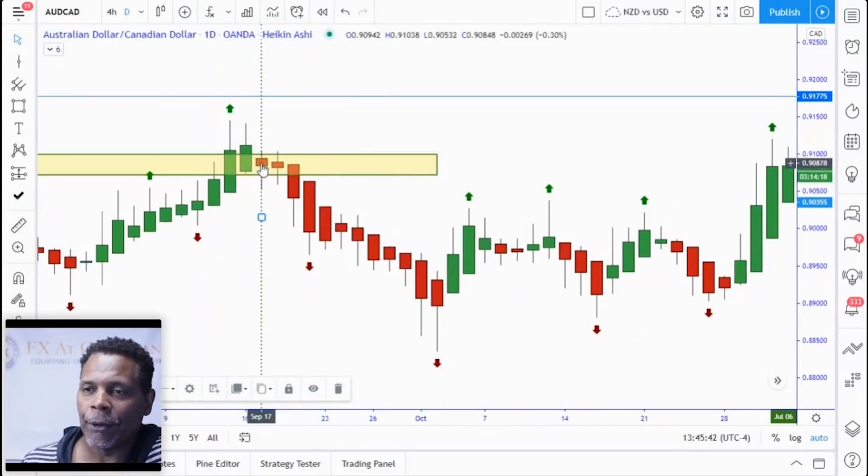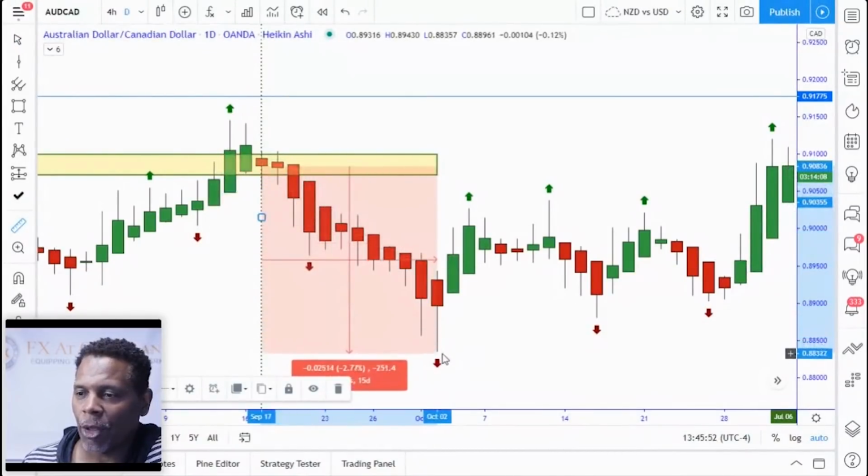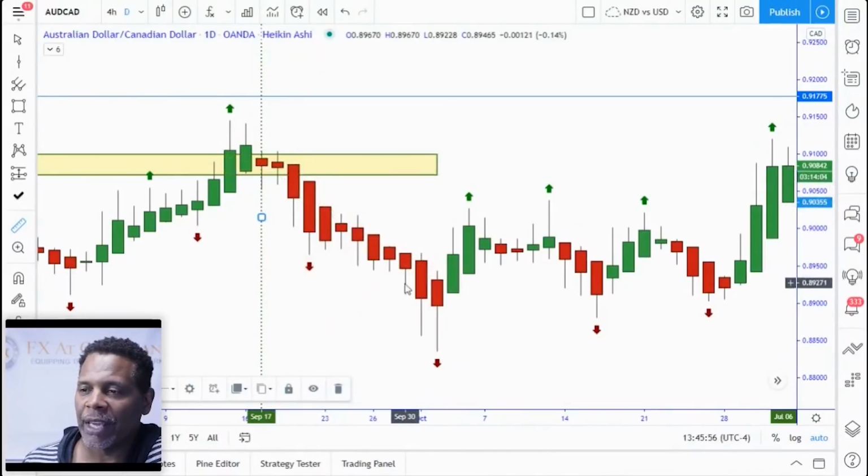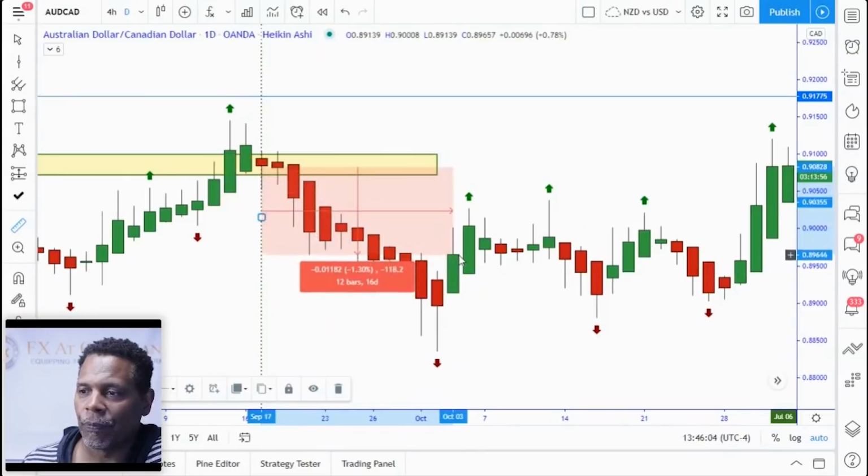You just entered here, stop loss up here, market drops way down here. This trade alone, if you would have entered there, it dropped all the way down to like 251. And it never gave you a sign of getting out. Now, if you waited for the daily signal to get you out of the market, you only made 118 pips.